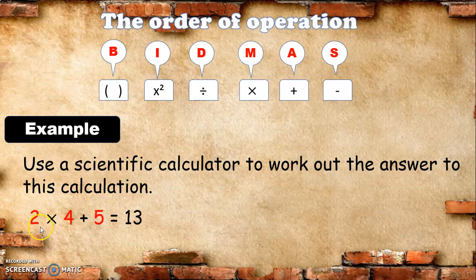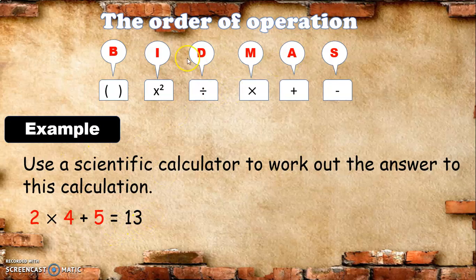So let us have 2 times 4 plus 5 is equal to 13. If you press 2 times 4 plus 5 in a scientific calculator, like what I show you, the screen will show 13.